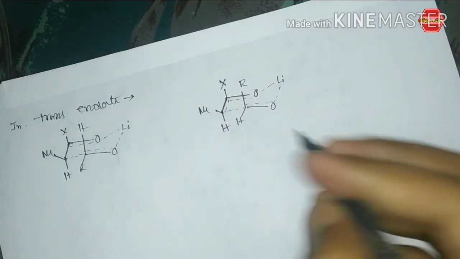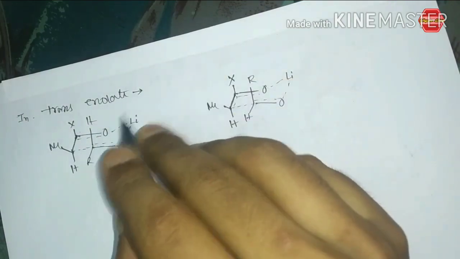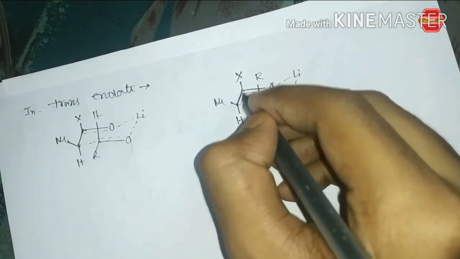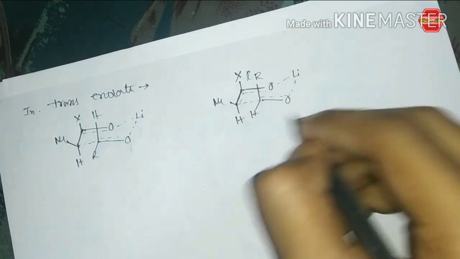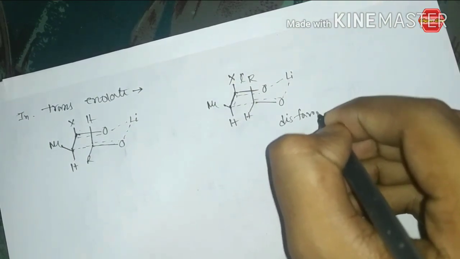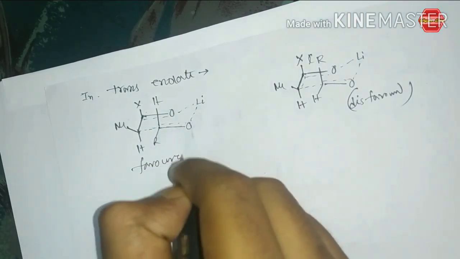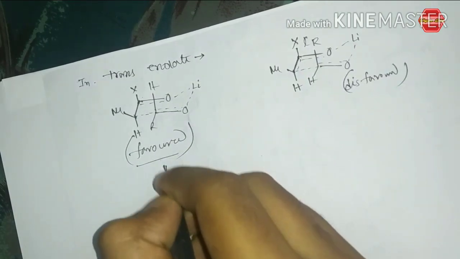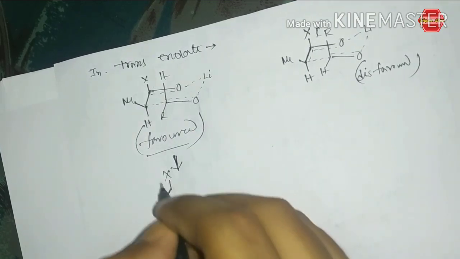Okay, like that. The same thing that happens in the cis enolate also happens in the trans enolate, because of this kind of 1,3 syn diaxial interaction. So this type of cyclic transition state is not favored, so it is disfavored, and this is favored.